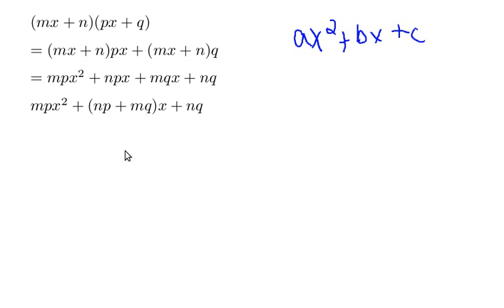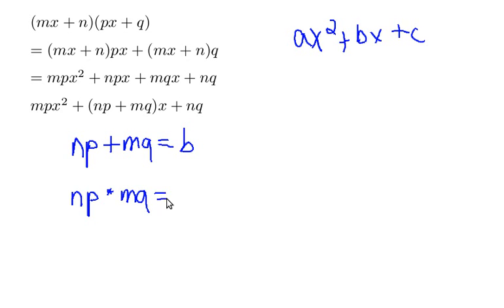So we know that np and mq, when you add them together, is going to equal b. Now let's do something different. Instead of adding them together, let's multiply them together. So we'll have np times mq.